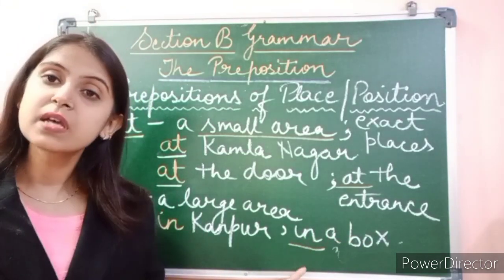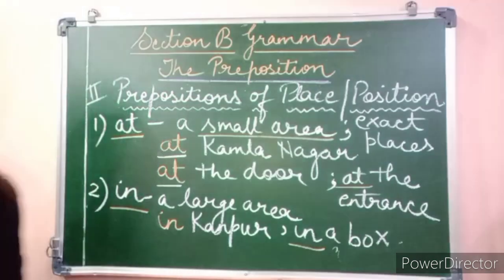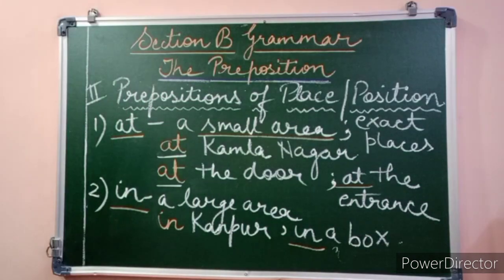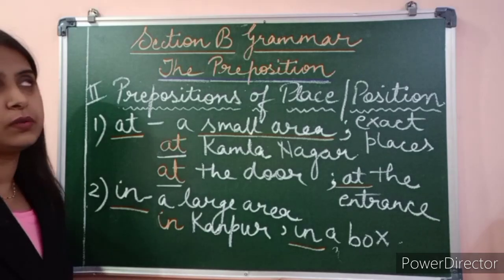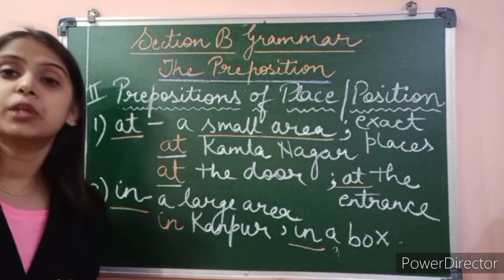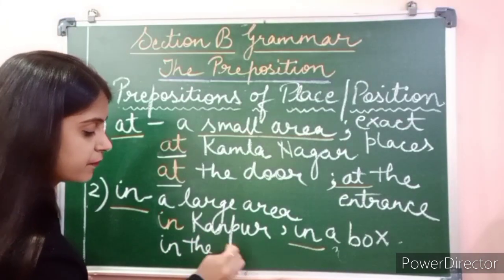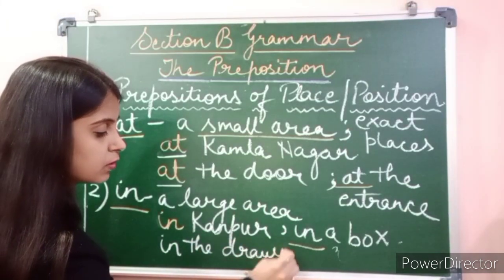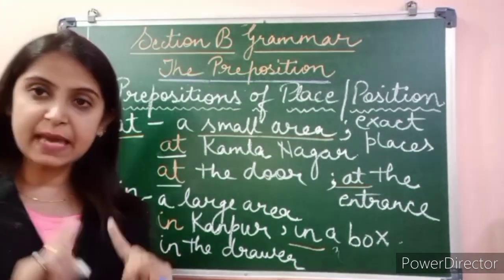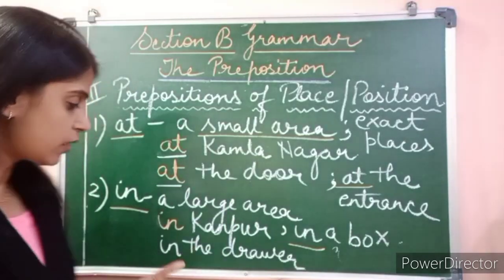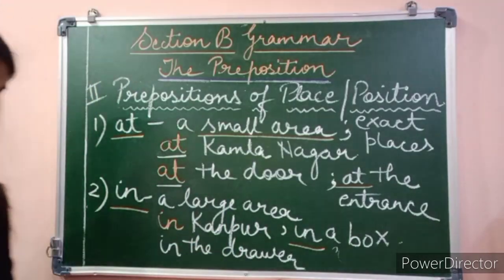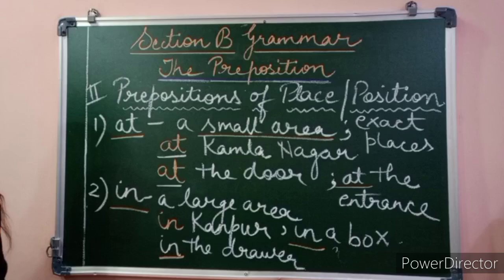So we have used in. For example, I can say, the papers are kept in the drawer. Okay, so the papers are kept in an enclosed area. So in the drawer. So we have used preposition in.